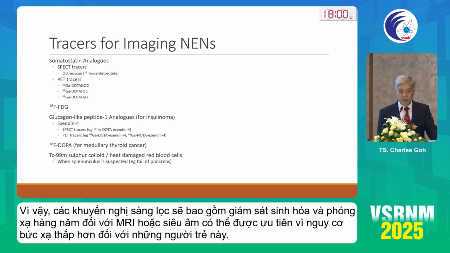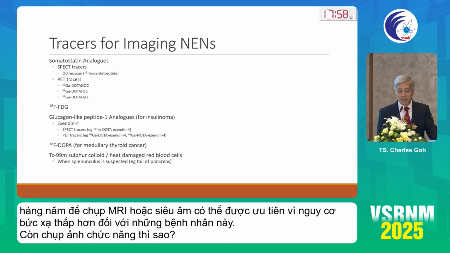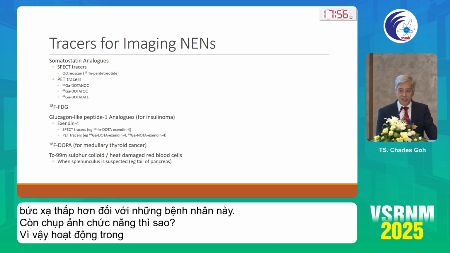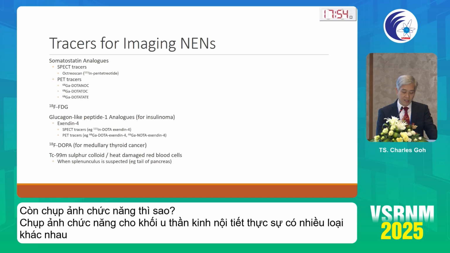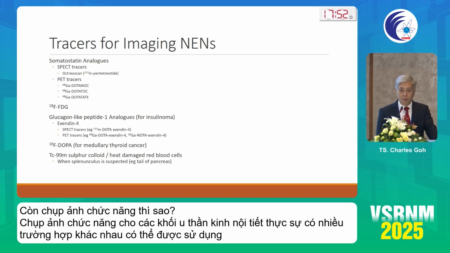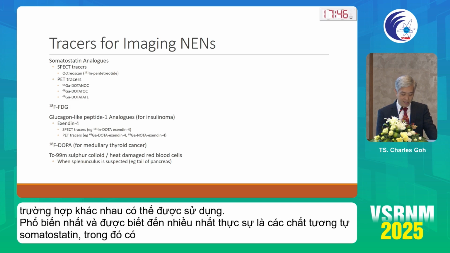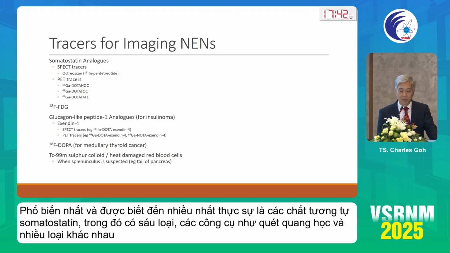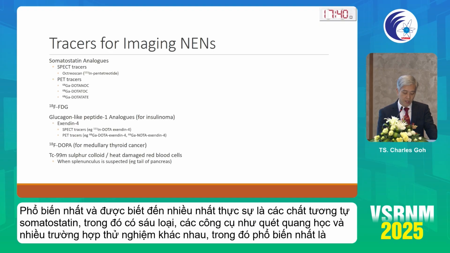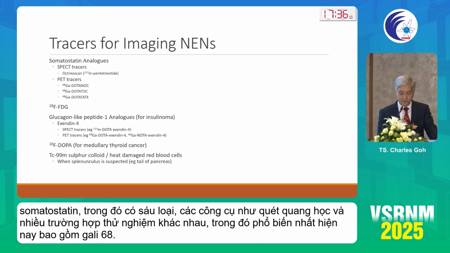How about functional imaging? Functional imaging for neuroendocrine neoplasms actually has multiple different tracers that can be used. The most common and well-known are somatostatin analogs, of which there are SPECT tracers such as octreoscan and various PET tracers, out of which the most commonly used today include gallium-68 DOTA-NOC, DOTA-TOC, and DOTA-TATE.